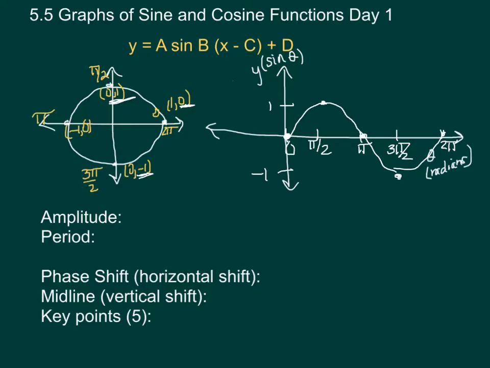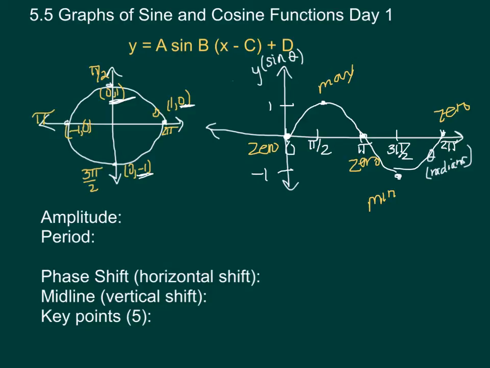And the way that it works, you go 0, your max or your maximum value, 0, and then you have your minimum value, and back to 0. So 0, max, 0, min, 0.